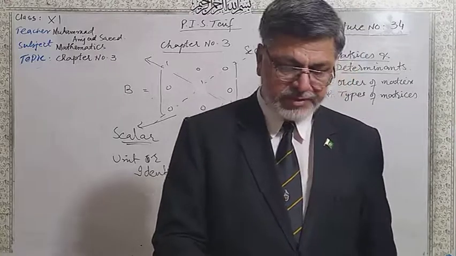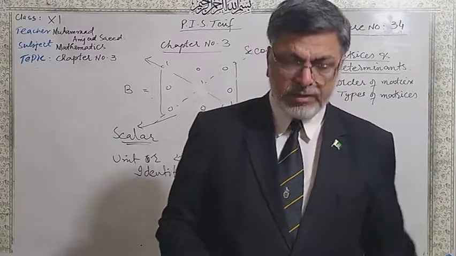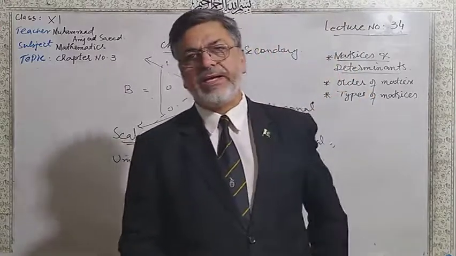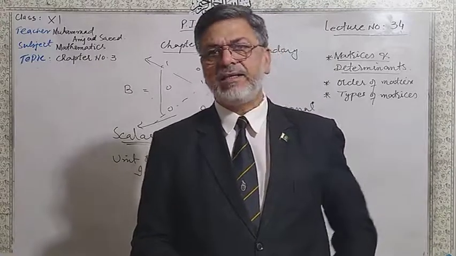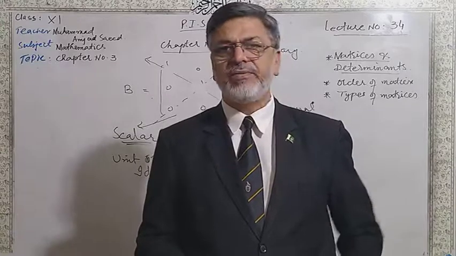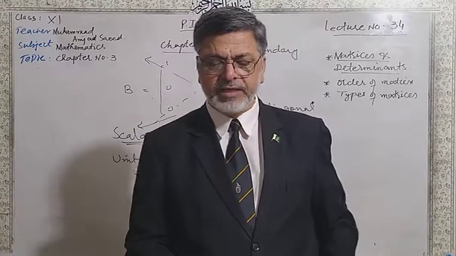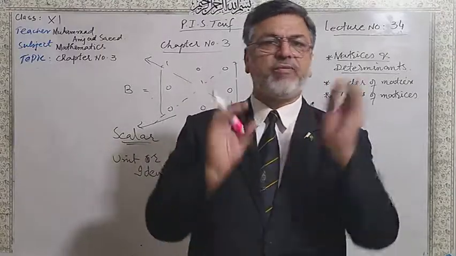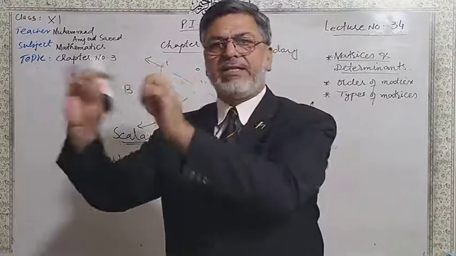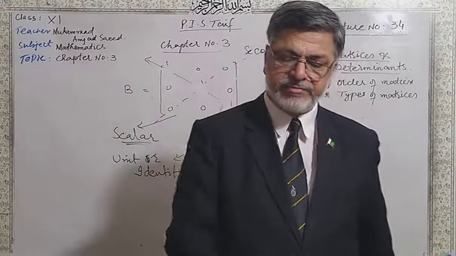So we have only one condition for the addition and subtraction of matrices, that they must have the same order, and their corresponding members will be added and subtracted. Means first plus first, second plus second, and third plus third, like that.